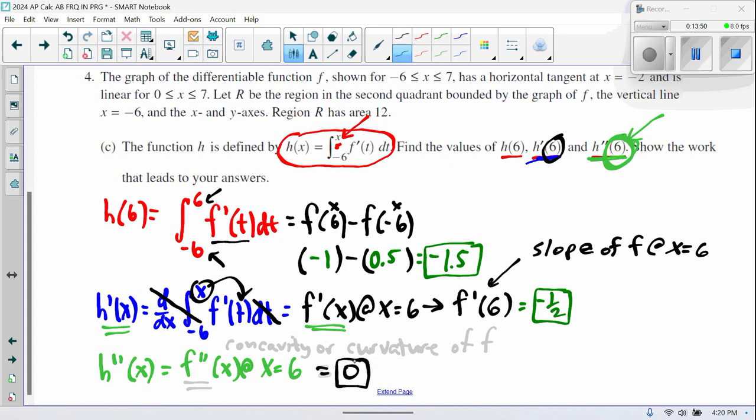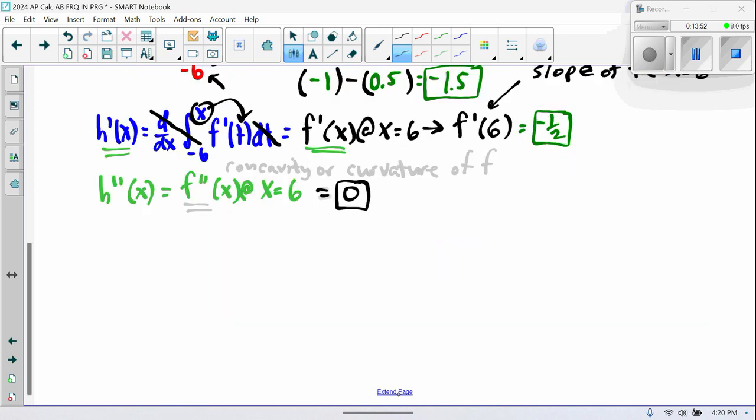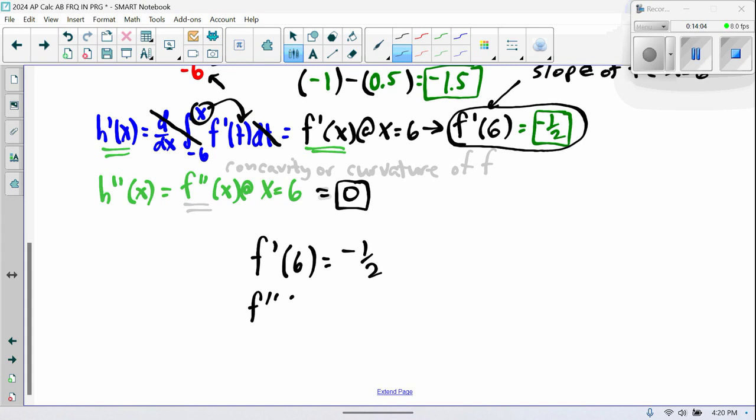If you want another way to think about it, if the slope is constant, didn't we just figure out the slope of f? If f prime of 6 is negative 1/2, what's the derivative of that? Well, the derivative of any constant is 0. So there's multiple ways you can do it, but that's the answer.